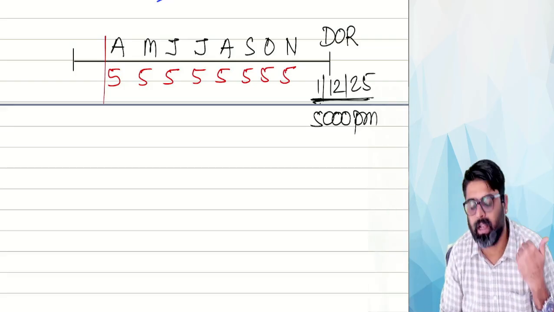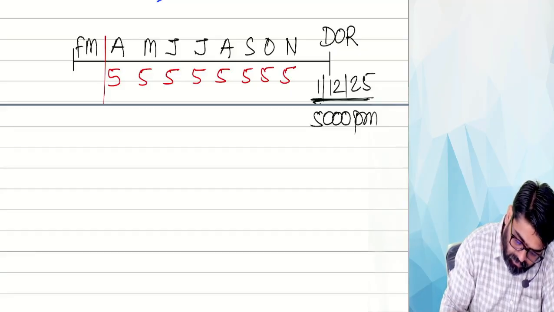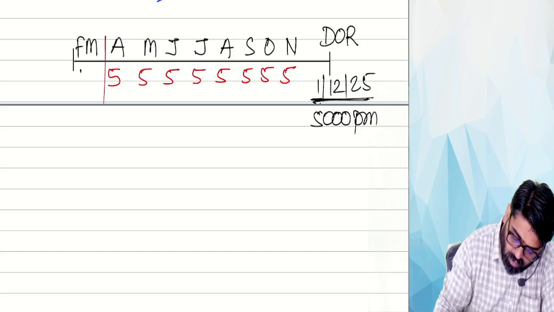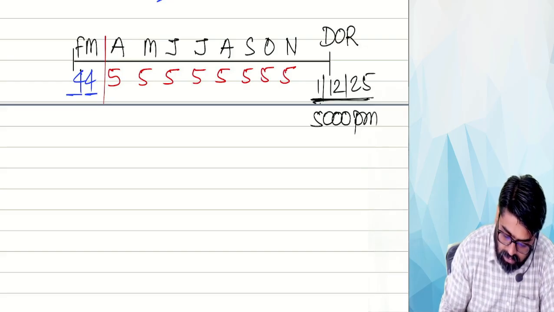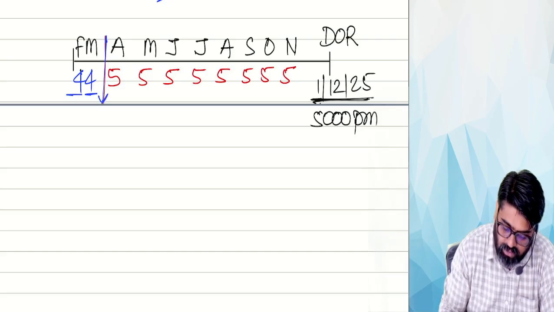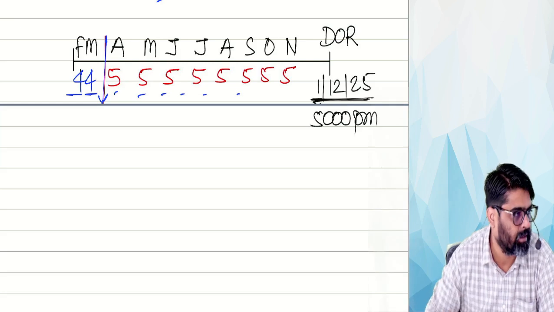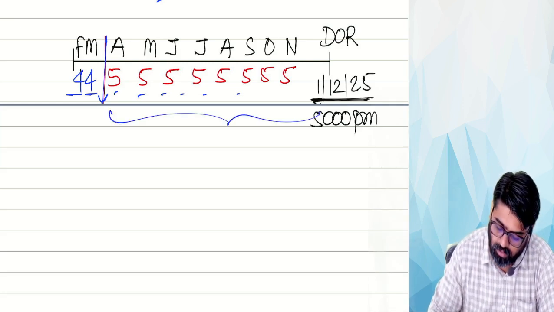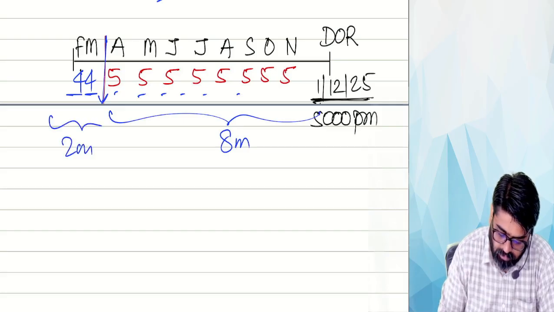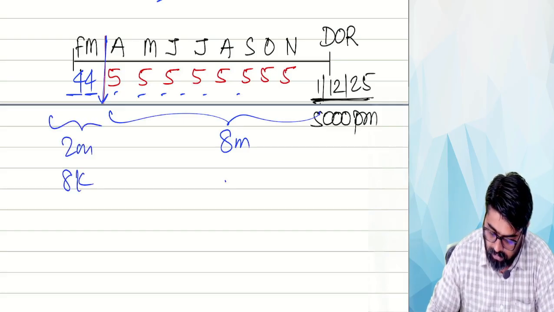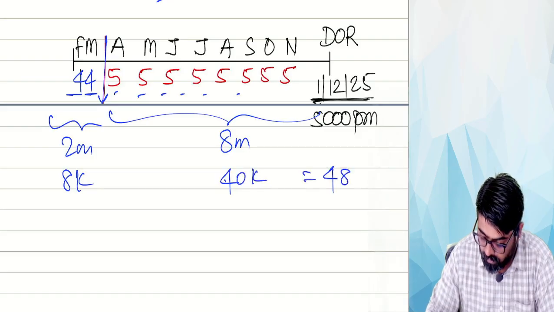So what was his salary for February and March? It was only 4,000. 4,000 increased by 1,000 and then it is 5, 5, 5, 5, 5, 5, 5, 5. So 5,000 you have received for how many months? 8 months. 4,000 you have received for how many months? 2 months. 8,000. And this is 40,000. Total is 48,000.